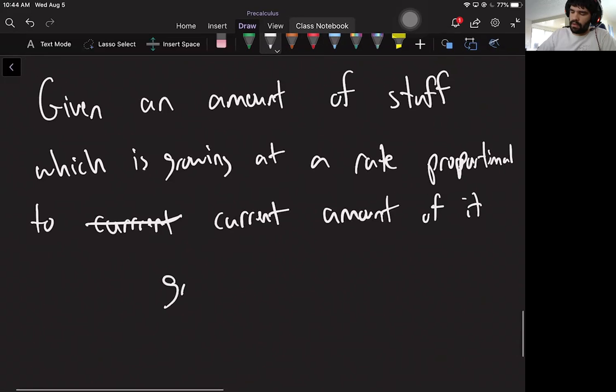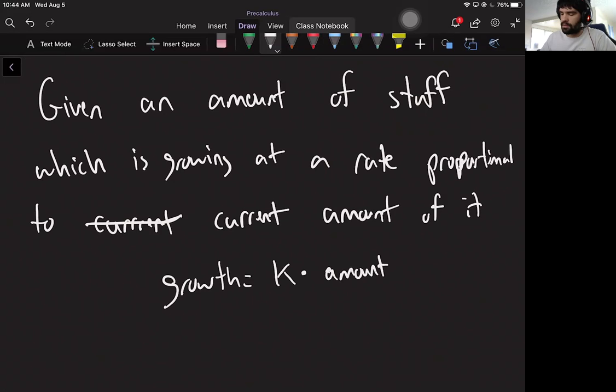So how much it grows equals some constant number times the current amount. That's what this all means.